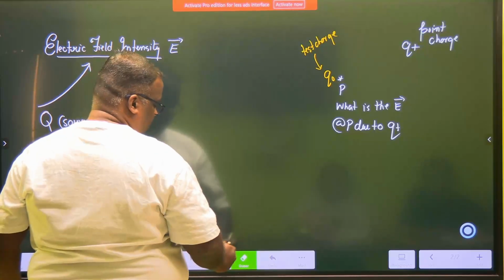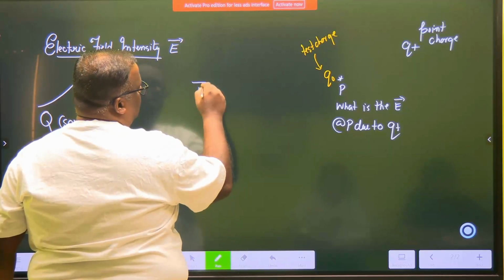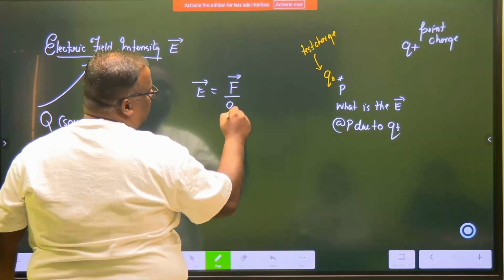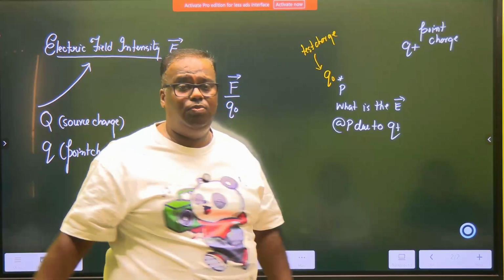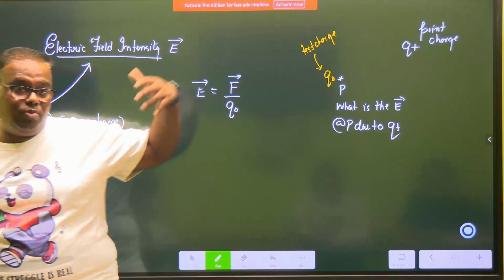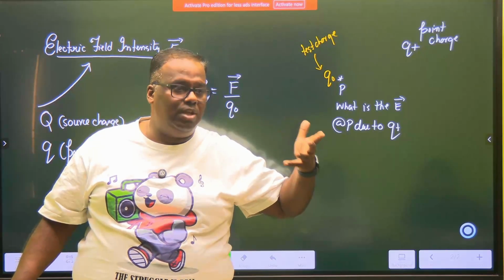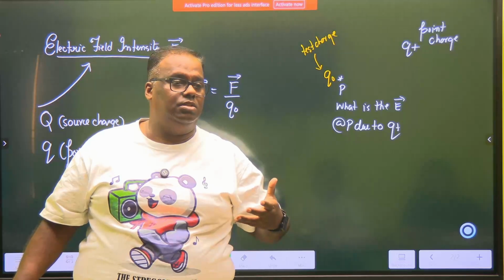So the electric field intensity E, as a vector, is defined as the force experienced by the point charge. If you see, what was the gravitational field? The gravitational field was the gravitational force felt by the mass that you used to bring.